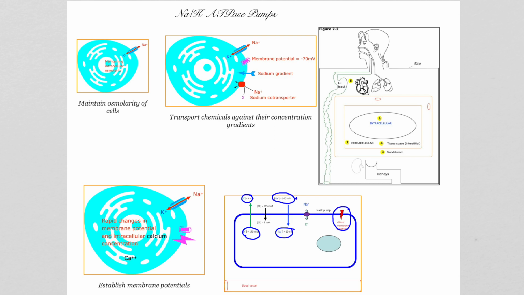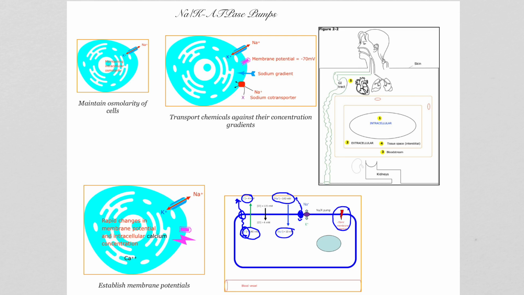High sodium outside means the sodium will want to try to get into the cell, because there's high sodium outside and low sodium inside. So if it can find an open sodium transport protein, it will try to do that just by the laws of diffusion. Similarly, potassium is high inside and low outside. So if the potassium could find an open protein that will allow it to go through, it will try to get out.